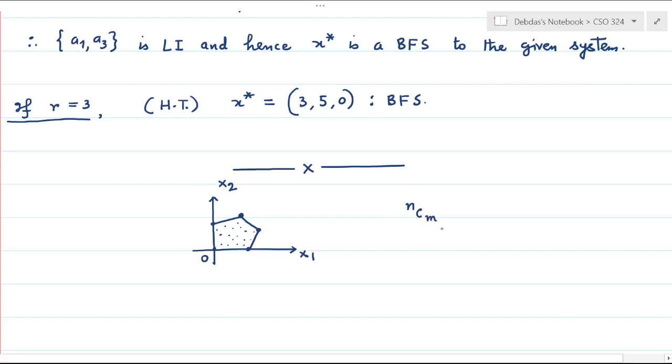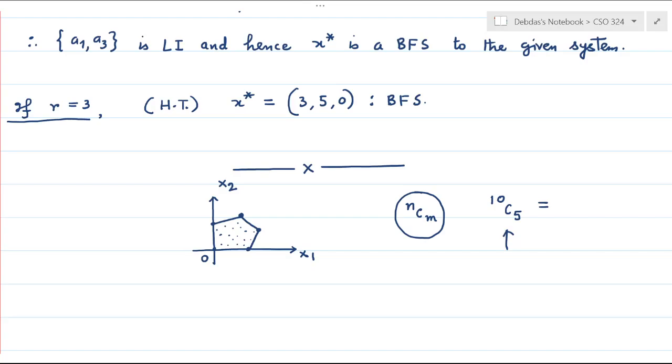If n is very big and m is also big, then, for instance, take n equals 10 variables and m equals 5 equations. Can you find out what this 10C5 is and how big this quantity is? At max that many basic feasible solutions you may have.